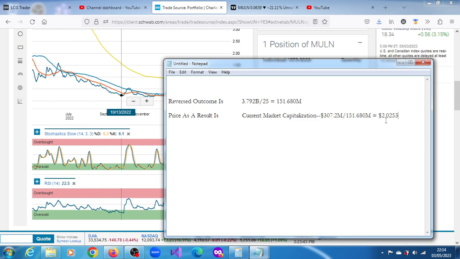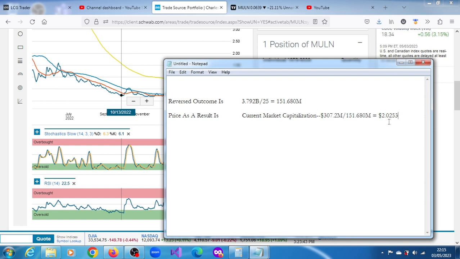But there's no guarantee that this calculation is right, so it could be totally wrong, and the price determined may be less than $2.0253. But if it is what is determined, then we are going to have an increase of about 30% in our position.